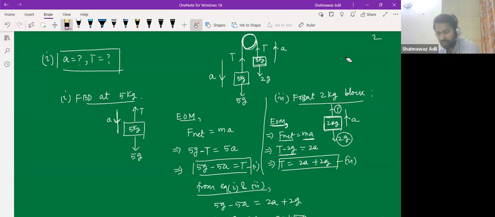So then we'll have to find out the free body diagram. And the last topic is circular motion. So yeah, only two or three topics are remaining. So in the next week, this would be over.